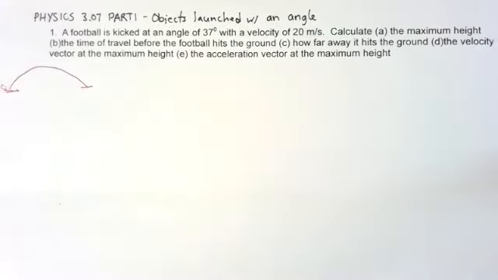We have a velocity vector at an angle. To start off with, our velocity vector, which we're going to call v sub o, has an angle theta.